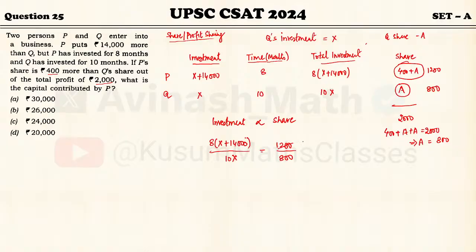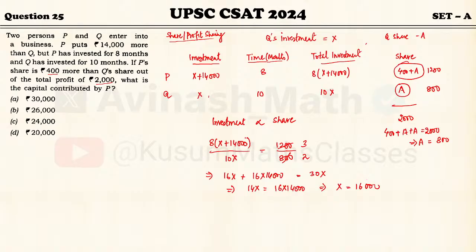It is nothing but 3 by 2, right? So this implies 16X plus 16 multiplied by 14,000 is 30X. So this implies 14X is equal to 16 multiplied by 14,000. This implies X is nothing but 16,000.